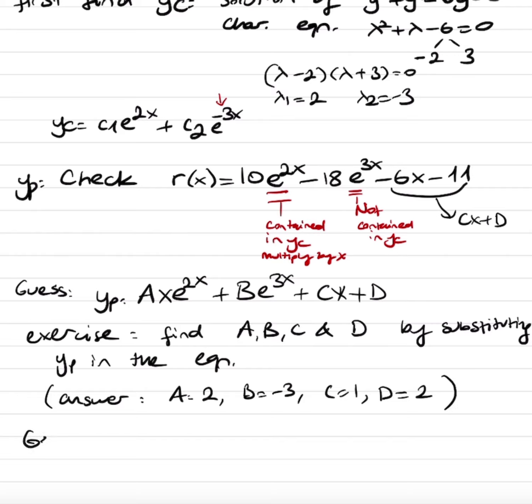Then you need to find the general solution, y general is y complementary plus y particular. If I did it wrong, please let me know. So this is it for this week.